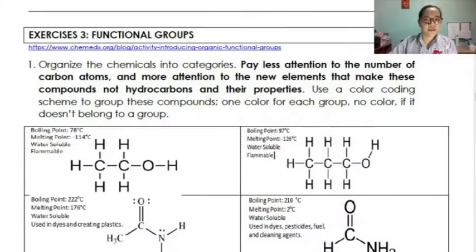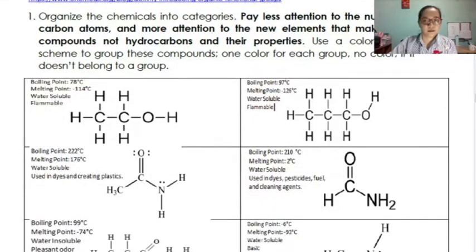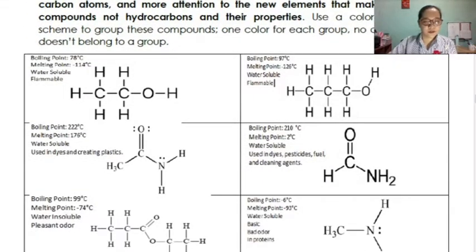For exercise 3, functional groups, you will be asked to group the compounds you will see here, and please pay attention to the new elements in the compound aside from carbon and hydrogen.